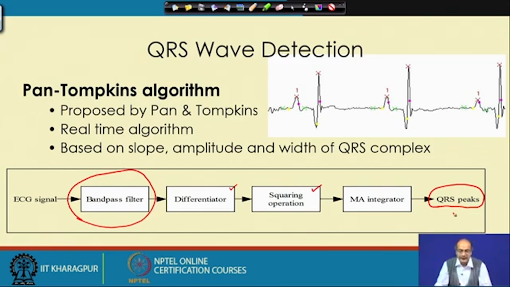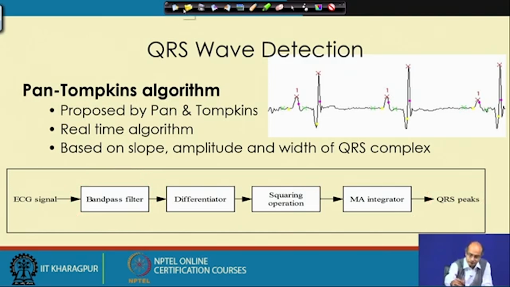If we look at the part from the band pass filter to the moving average integration, it would look like just an extension of the previous techniques, but the real impact, in terms of knowledge as well as sophistication, comes in the QRS peak search. So, let us go through the algorithm step by step.